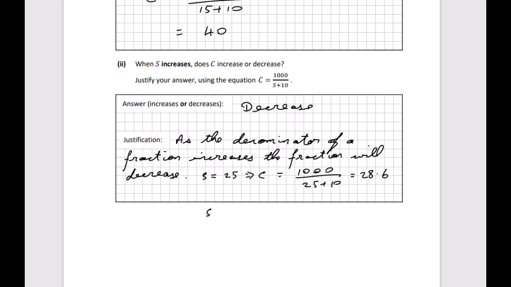Also, let's say S is equal to 35. That'll give us C is equal to 1000 over 35 plus 10. And again, that's going to decrease further to 22.2. So we've gone from S equal to 15, 25, and 35, and we can see that C has decreased from 40 to 28.6 to 22.2. I think that's enough of a justification there, really.